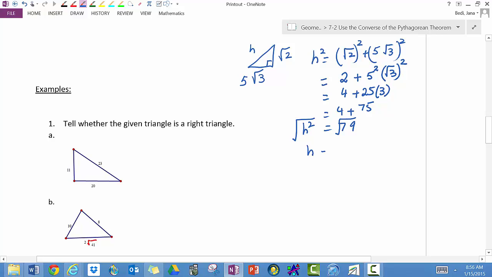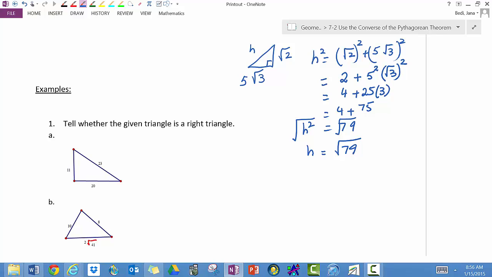So h is equal to the square root of 77, or we could say it's plus or minus. However, since the side of a triangle cannot be negative, the negative answer is extraneous. In this context, only positive numbers would make sense. And when you get a radical, you have to leave your answer in simple radical form. 79 is a prime number, so we don't have to worry about it.